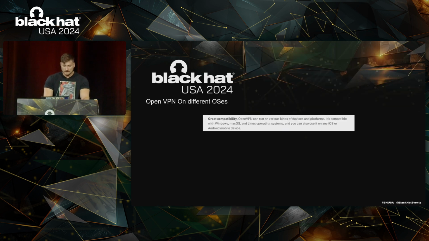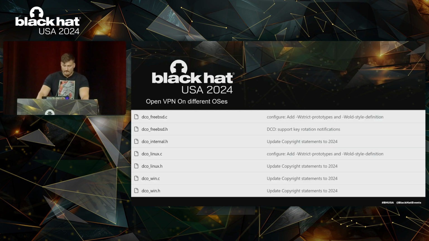Now, OpenVPN, because it's widely used by almost all industries, has compatibility for all the main operating systems today, such as Mac, iOS, Android, Windows, Linux, and whatnot. They achieved that by a number of techniques. They use, for instance, something called data channel offload, which allows faster reads and writes to the kernel memory for information to pass through the tunnel.